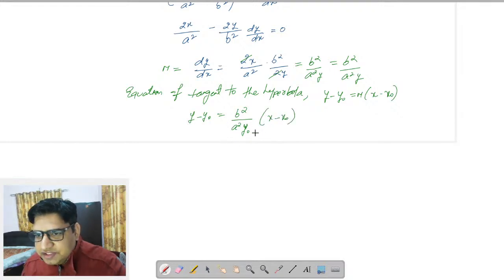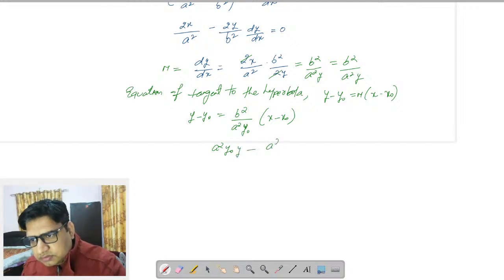If you solve this further, this will be a square y naught y minus a square y naught square is equal to b square x minus b square x naught.